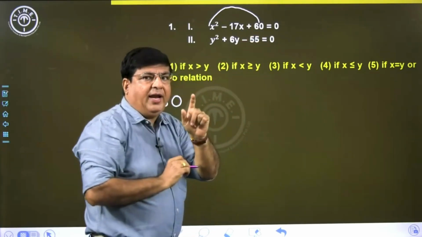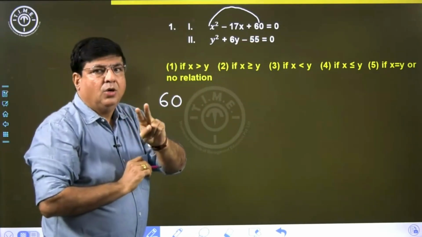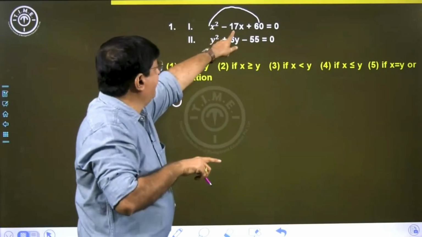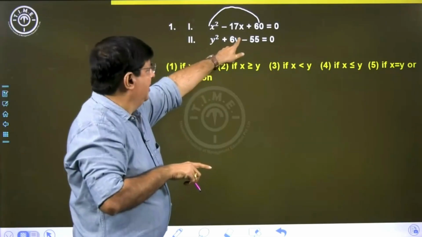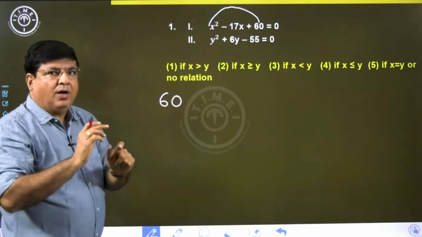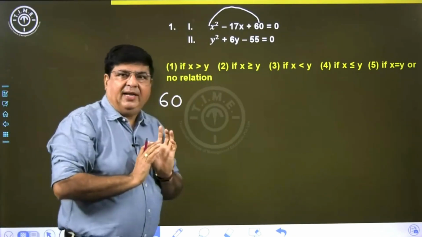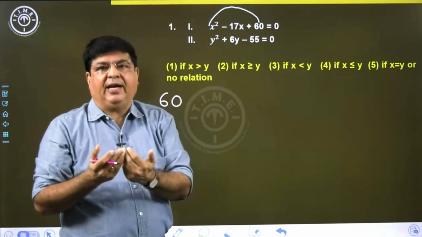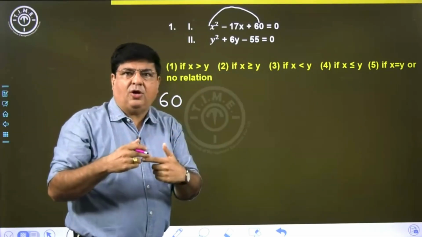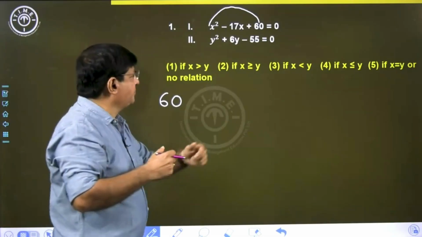So you have to find two numbers whose product is 60 and the sum is 17. Okay, listen to this carefully. I will explain the first problem in detail. This concept of finding comparison of roots without finding factors, I will explain very slowly for the first question. From the next question onwards, let us do it fast.